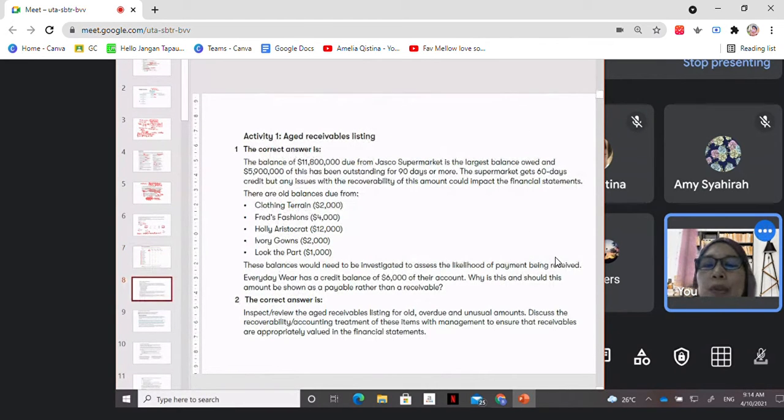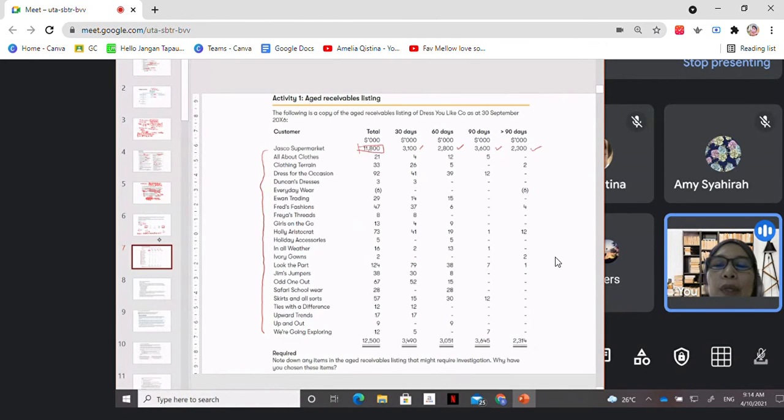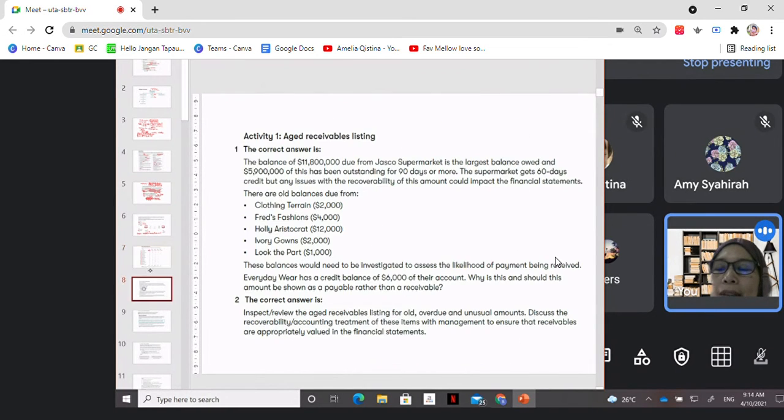So what should you do to the individual item? As I said just now, you will look at the individual balance. The balance of 11,800,000 due from Jasco supermarket is the largest balance owed, and 5,900,000 of this has been outstanding for 90 days or more.